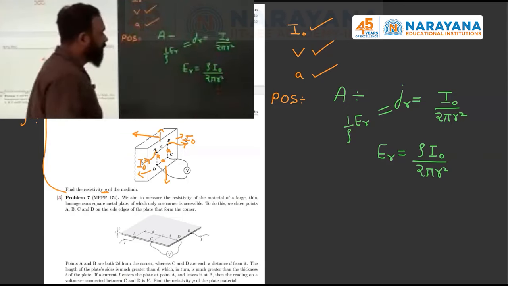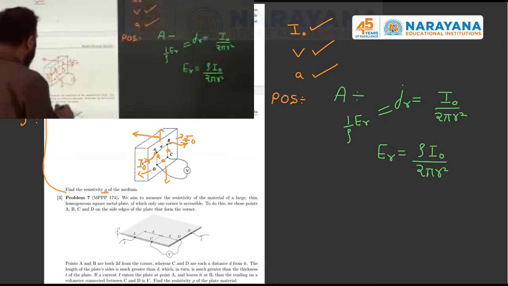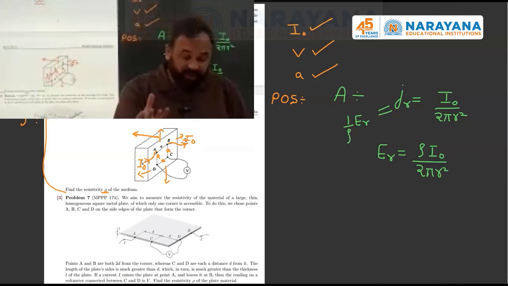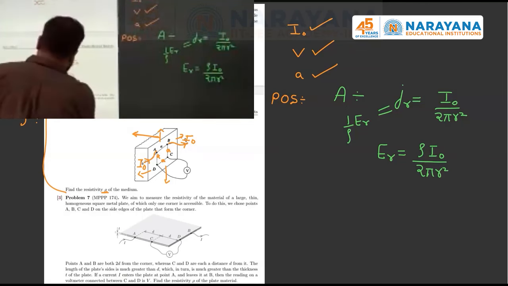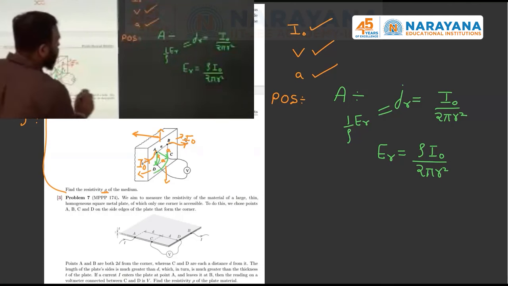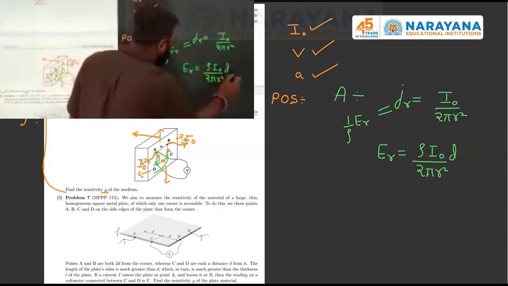Then it becomes simple, because if you look into the potential drop which he has measured, D is on a hemisphere which has a small radius of A, and C is on a hemisphere of radius A root 2. So you multiply this by dr and integrate from r equal to A to r equal to A root 2.